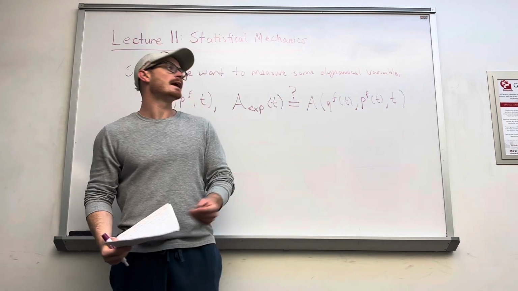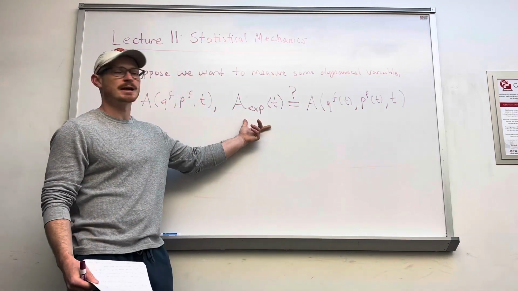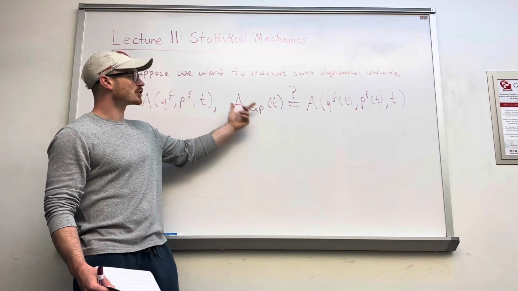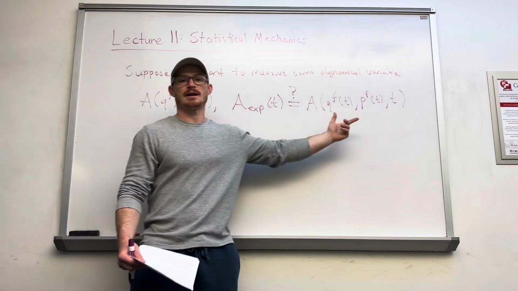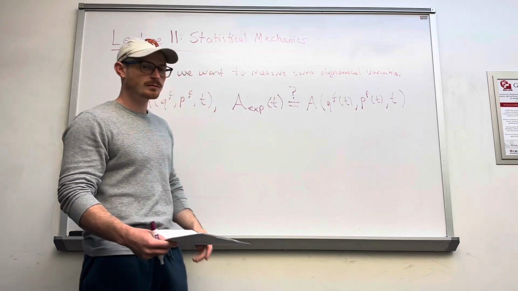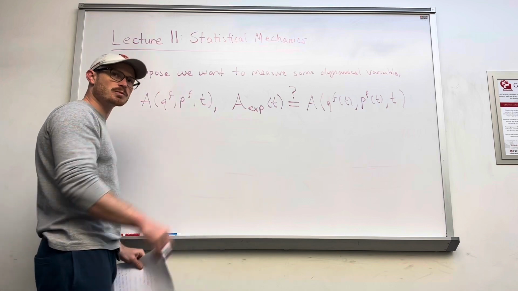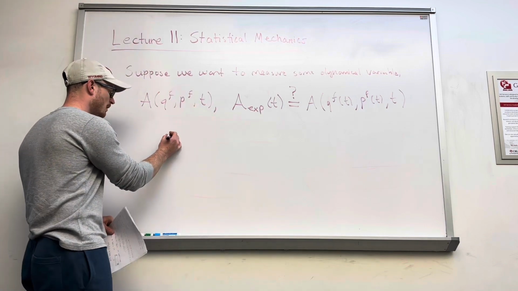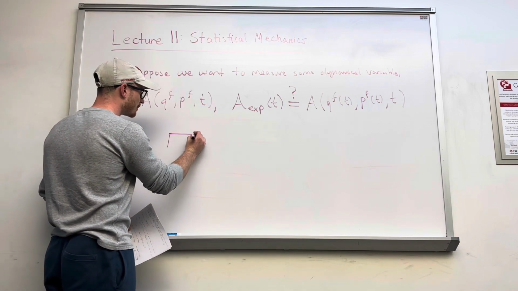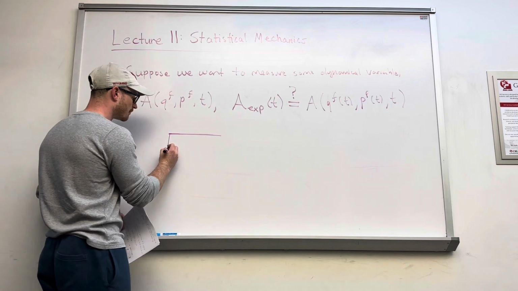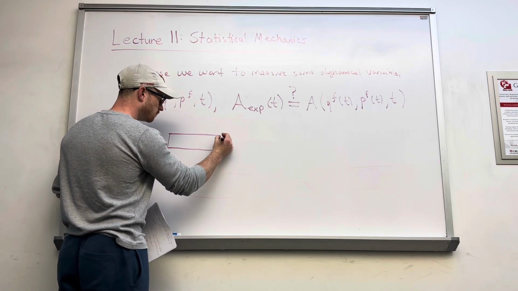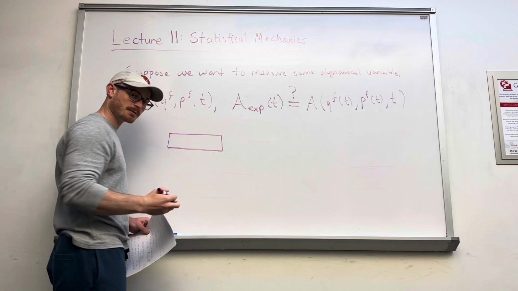So what this line amounts to saying is, when we measure something in the lab, are we just measuring this dynamical variable at a fixed time? Let's explore this more deeply with an example. In this example, we're going to be measuring the length of a rod. Seems pretty easy, right?